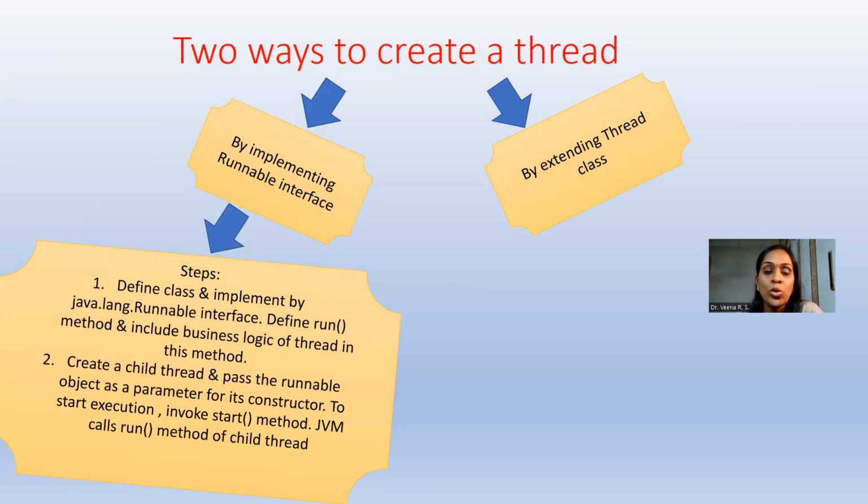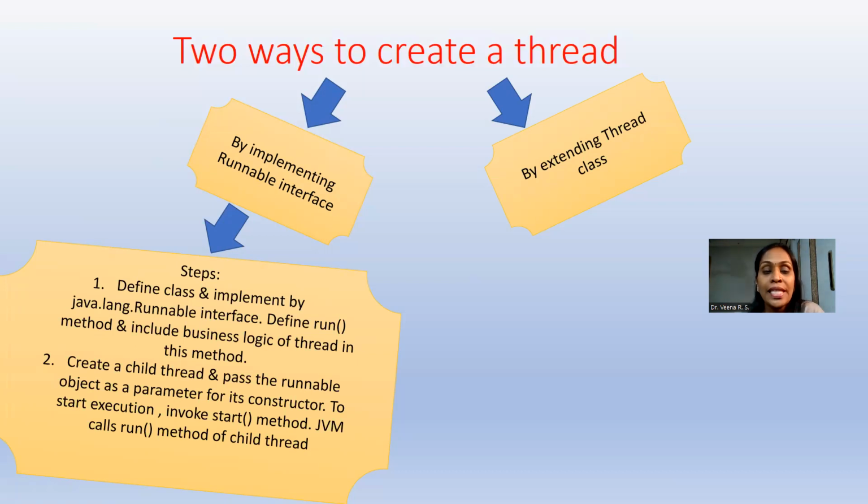That run method should have the business logic of the thread. Whatever logic you want to run in parallel, you will put it in the run method. That run method you will put in a class, and that class you will implement from the Runnable interface, which is from the package java.lang. This is the first step you should do. And after this first step is done, you should be able to create a child thread.